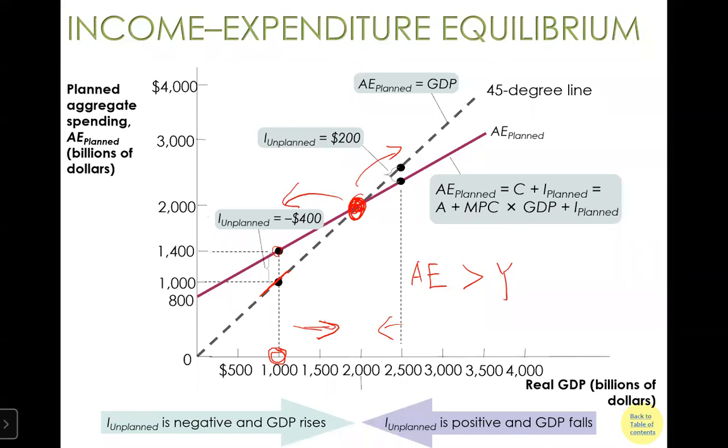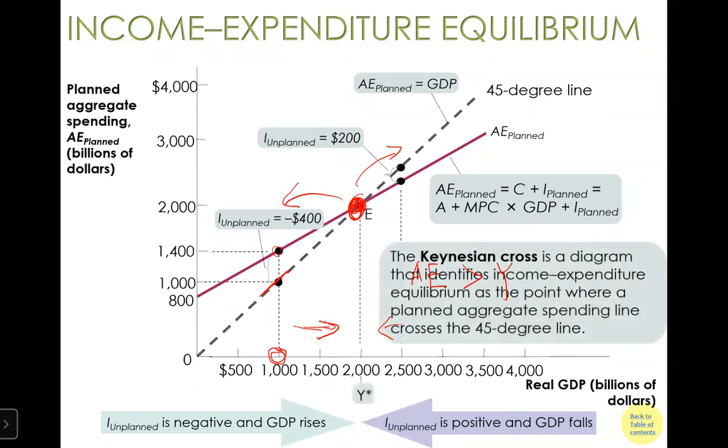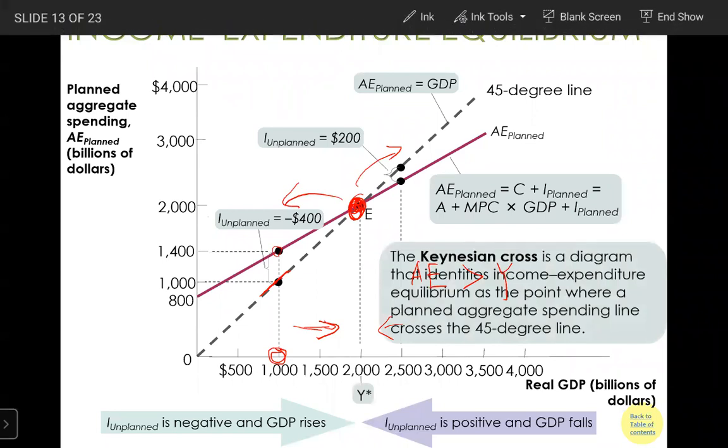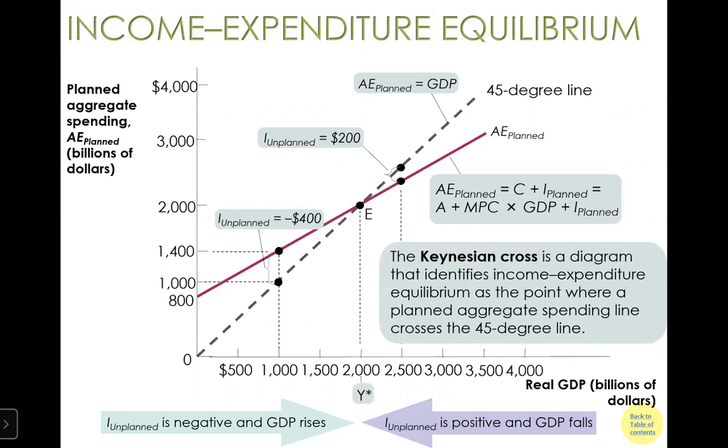In either case, we move until we reach the middle point, which we call the Keynesian cross. It is named after John Maynard Keynes, considered the founding father of modern macroeconomics, as we discussed in the introduction. Once we reach this Keynesian cross, there will be no adjustment. No one wants to adjust their plan. This is how we reach the equilibrium.